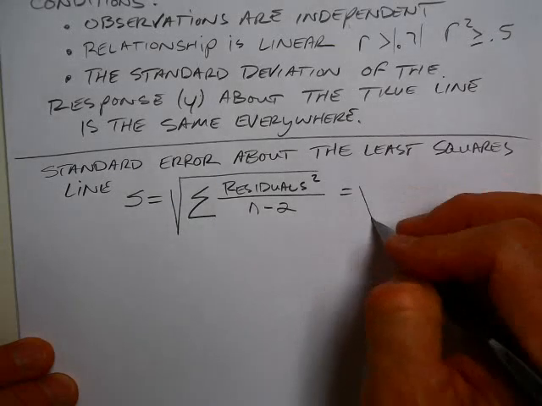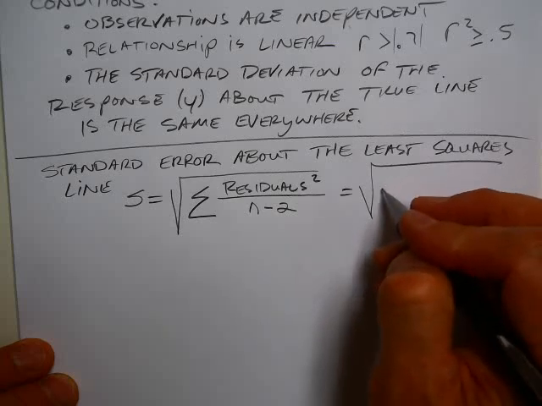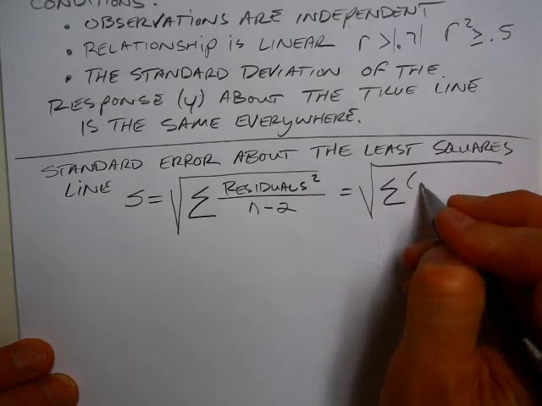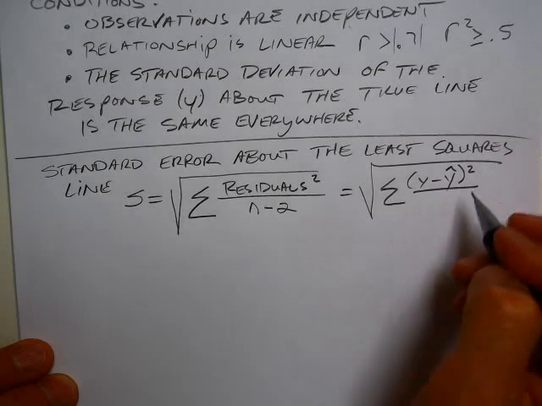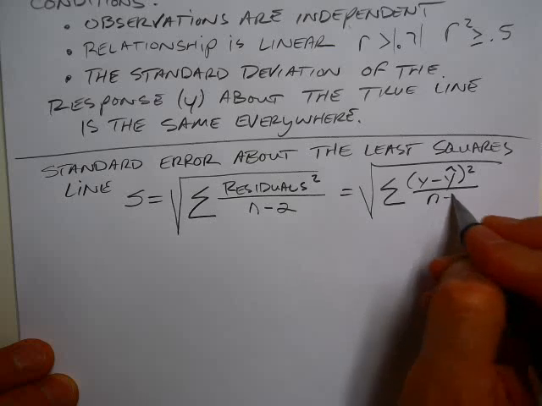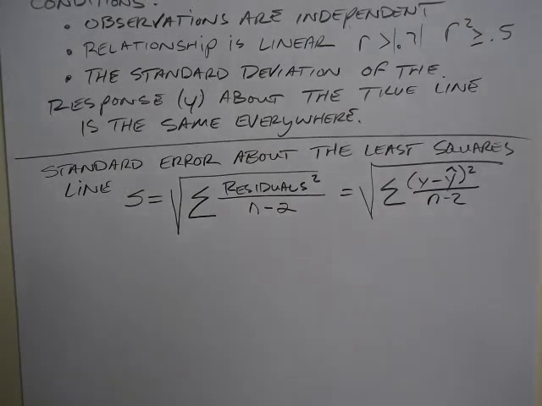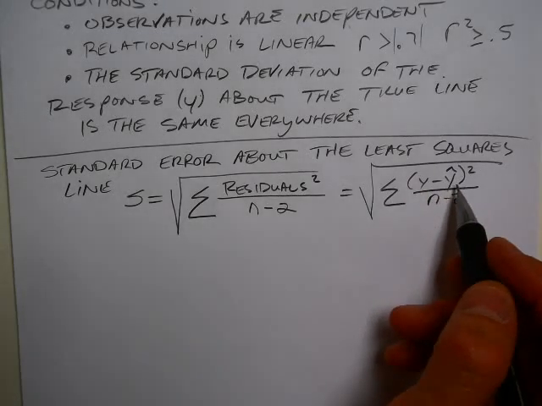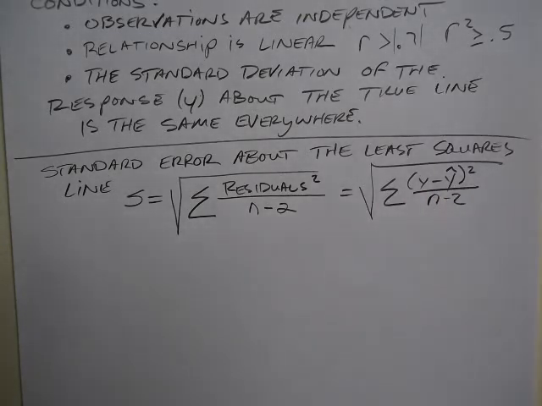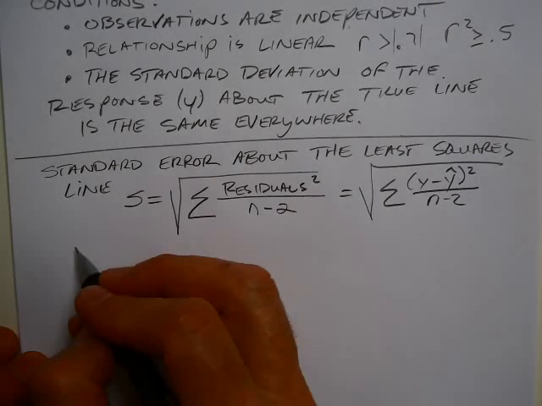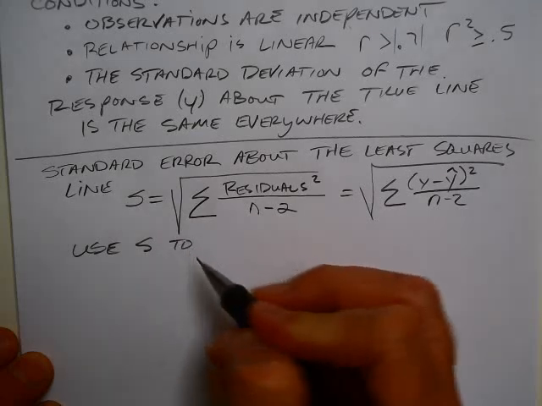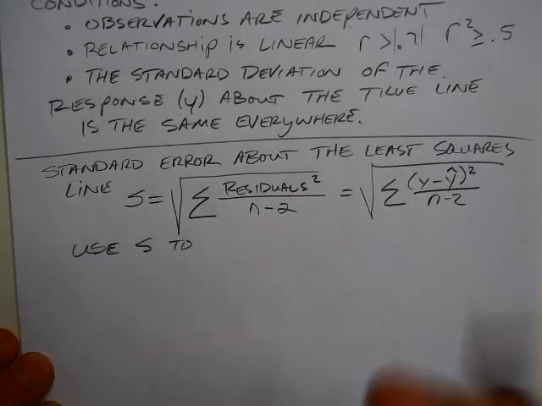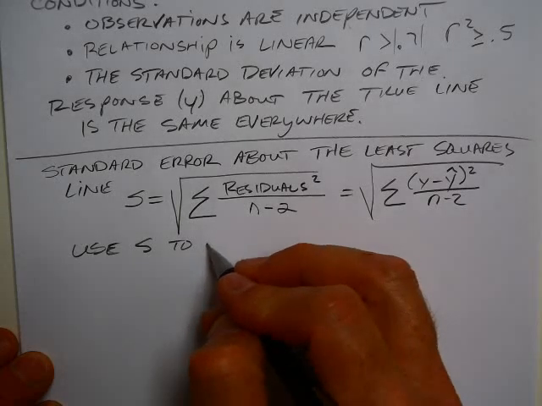Which is the same as saying it's the square root of the sum of y minus y hat, quantity squared, over n minus 2. So the residuals are the actual value minus the predicted value, squared. And we use S to estimate the unknown sigma in the regression model.